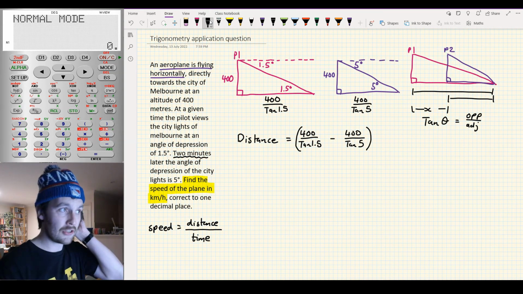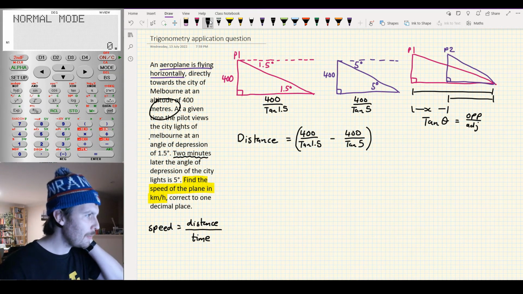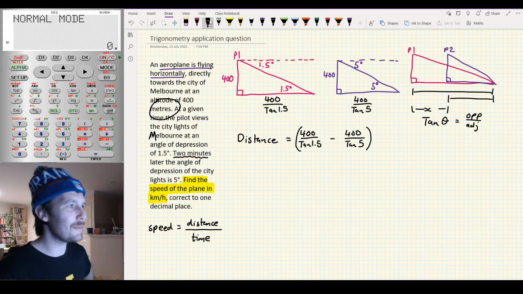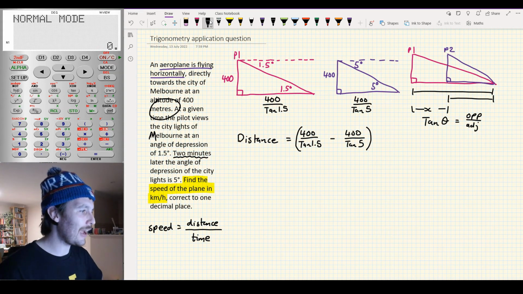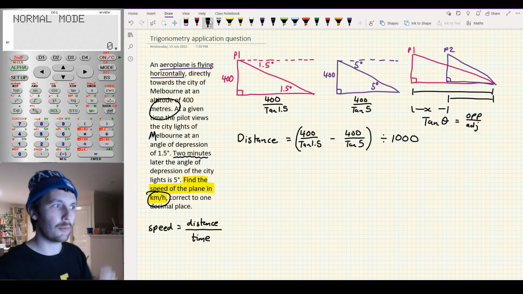That's going to give us the distance in meters, because that's what's given in the question. But because in our answer we want kilometers per hour, I want to divide that by 1,000 to convert from meters traveled to kilometers traveled.